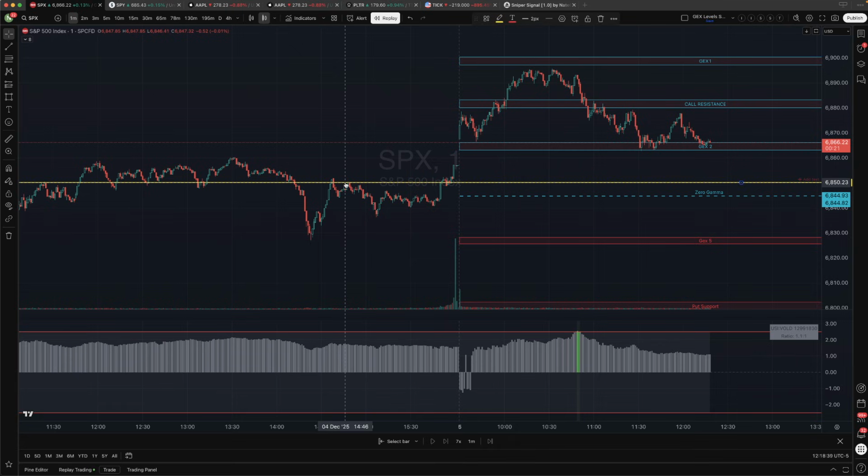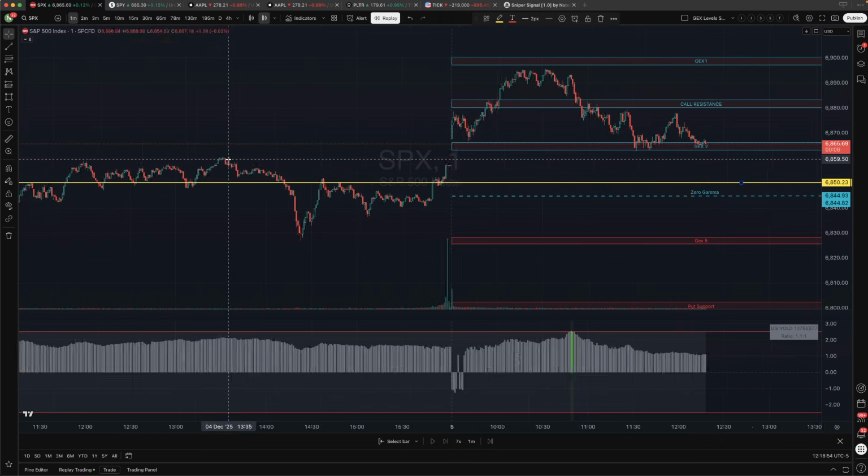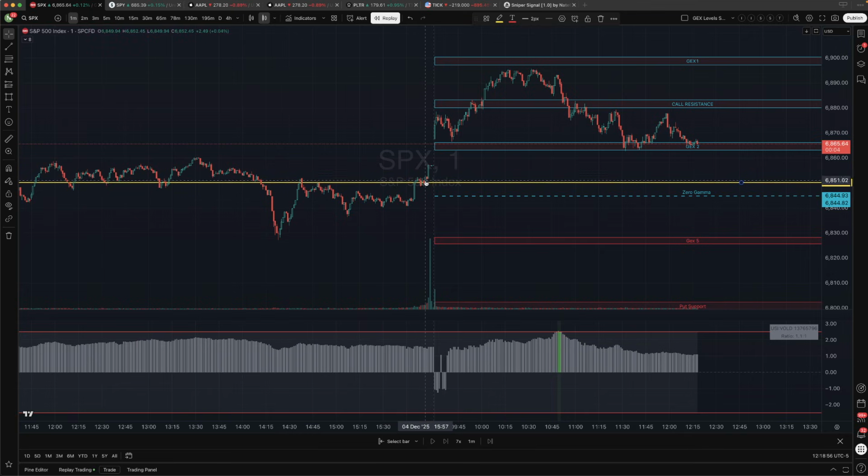I'll draw a yellow line. Rolling into the last couple of minutes, 15:55, 56, 57, we were just about to close at max value for that butterfly.